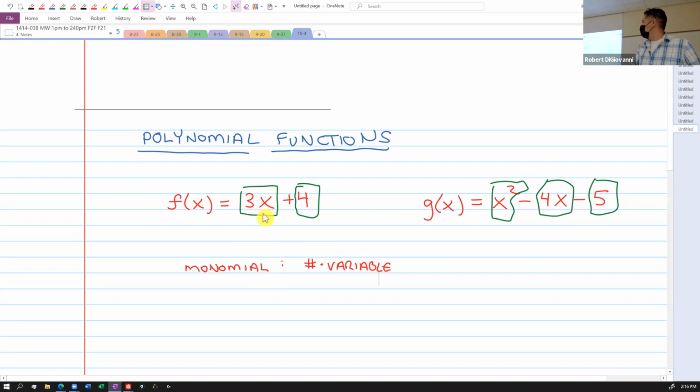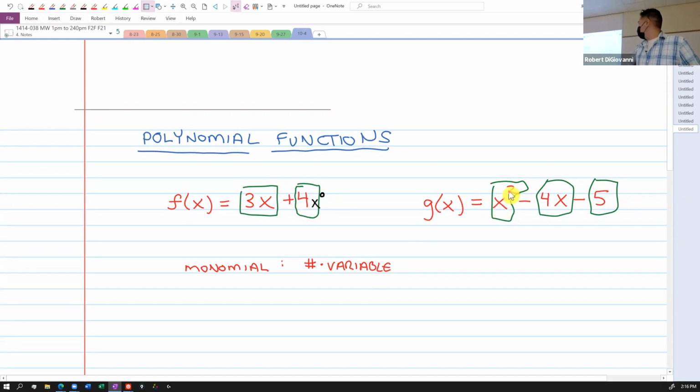It's a number attached to a variable. What is the power on that variable? 1. Okay, 4 is also a monomial. It's a number attached to a variable. Wait a minute, I don't see a variable. You have to imagine that there is an x to the 0 power attached to this. So in fact, it is also a monomial.